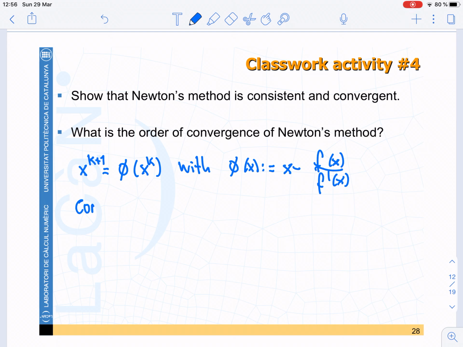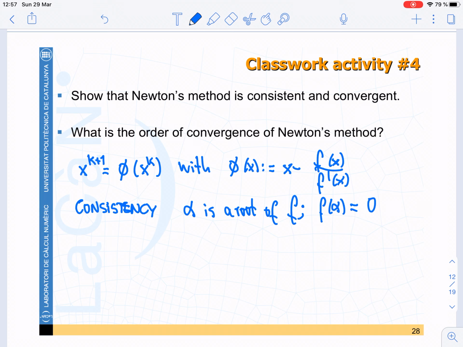Let's start with consistency. Assume that alpha is a root of f, that is f of alpha equals 0. Let's check the value of phi of alpha. This is alpha minus f of alpha over f prime of alpha. So this is 0.